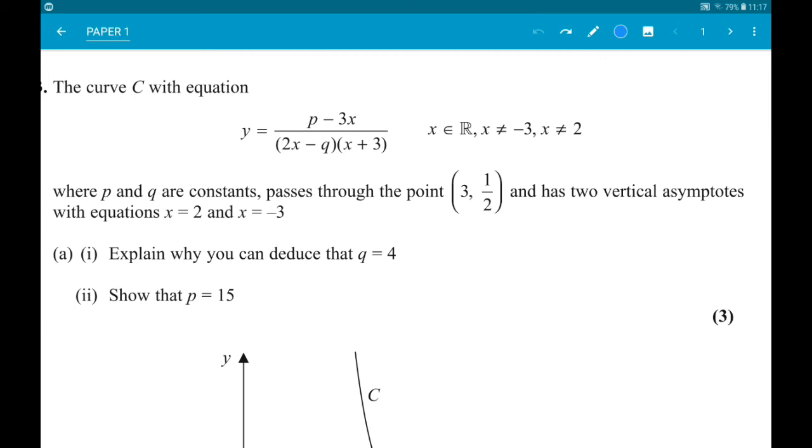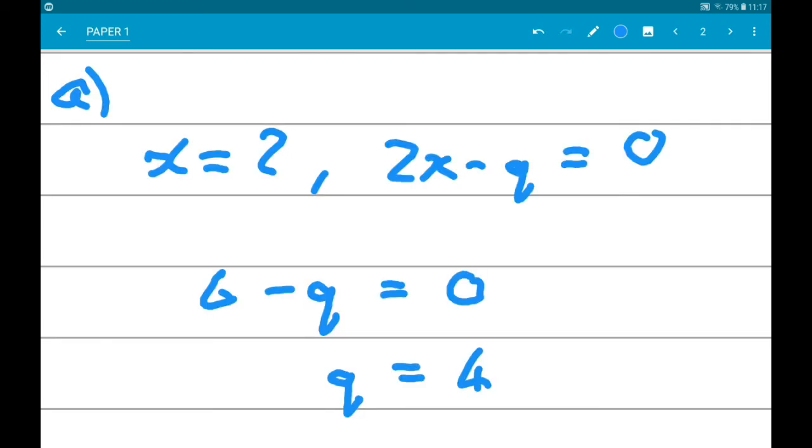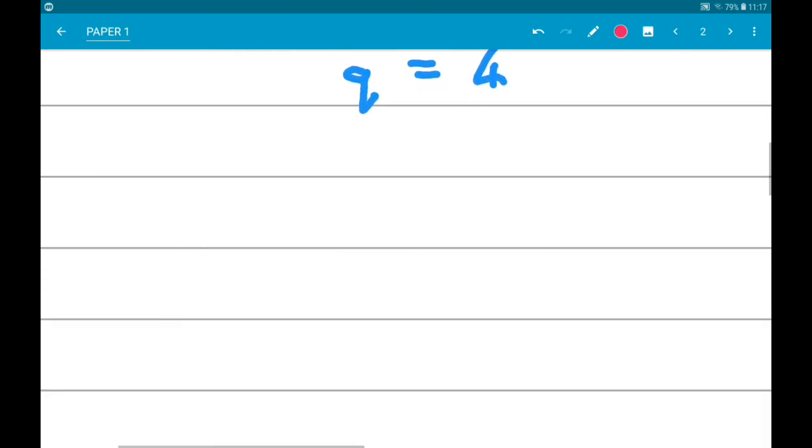To show that p is 15, the way we're going to do that is by using the point 3, 1/2. So x is 3, y is 1/2.